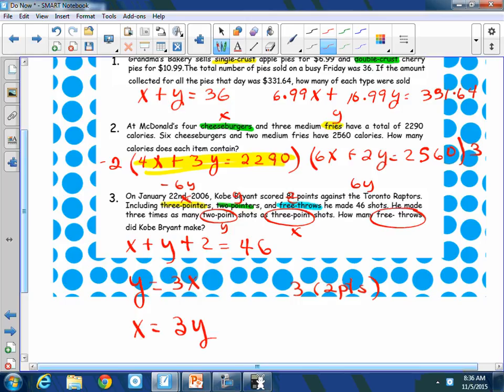If you think it's X equals 3Y, I'm not going to tell you which one is correct. It's one of those two.